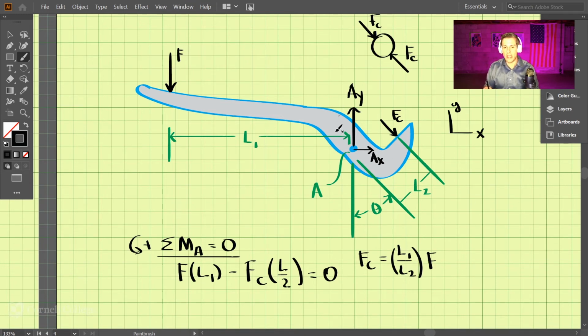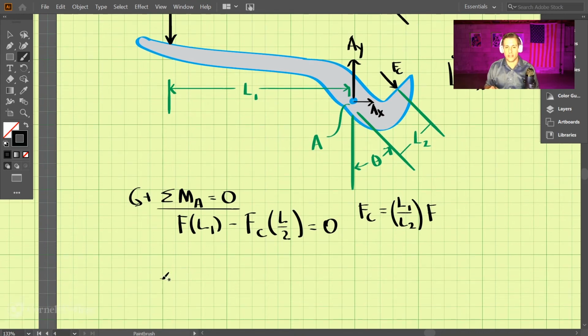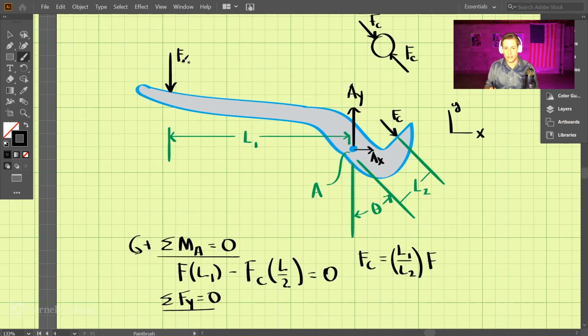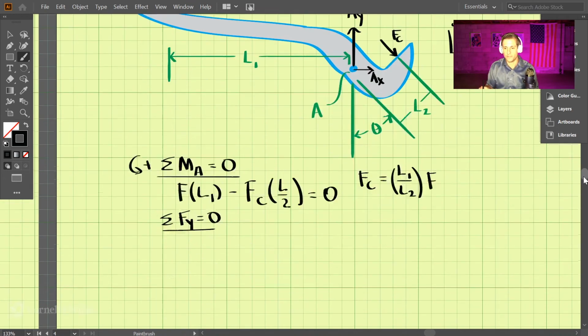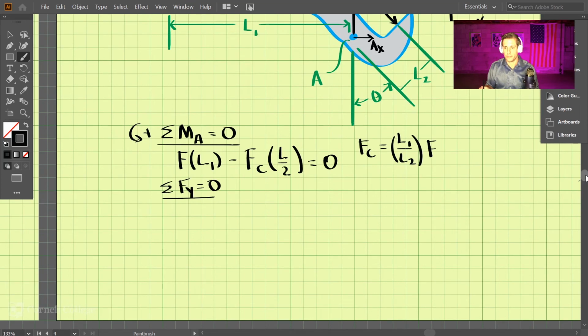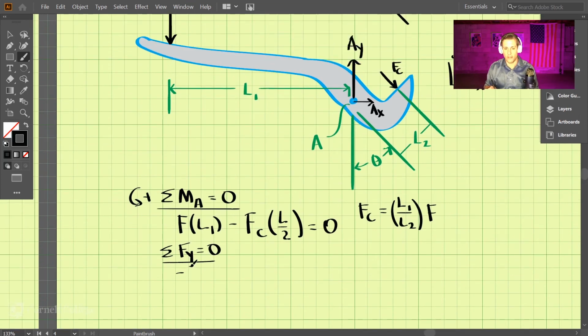In addition, we may want to find what the forces are on the pin here. And to do that, we can continue. Let's take the sum of the forces in the y direction and set those equal to 0. Now we have F here pointed downward, so negative F. And then we have AY pointed upward.